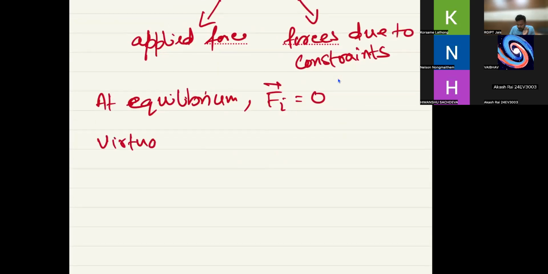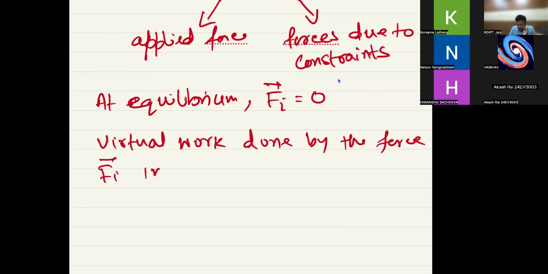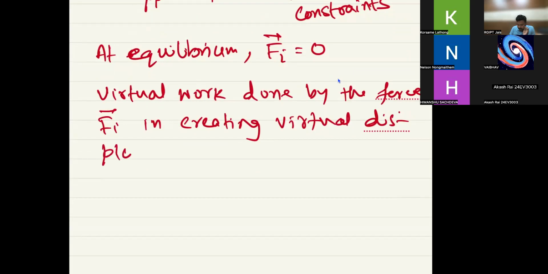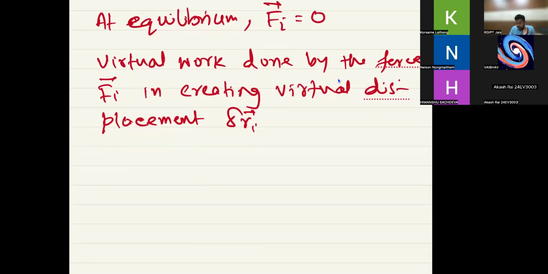So you can calculate the virtual work done by the force Fi in creating virtual displacement delta Ri.